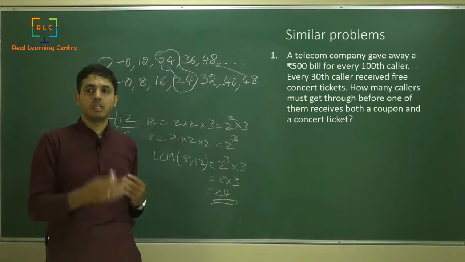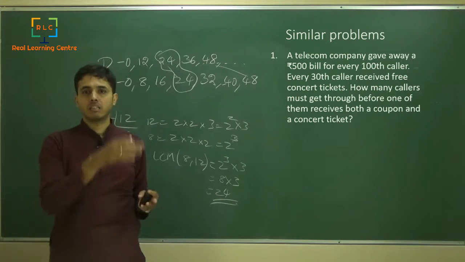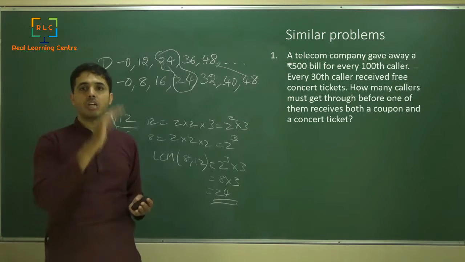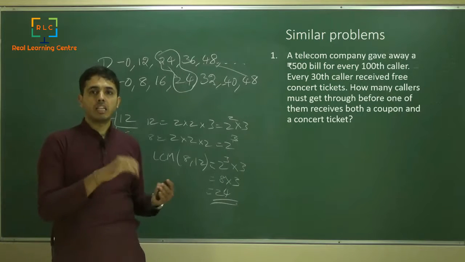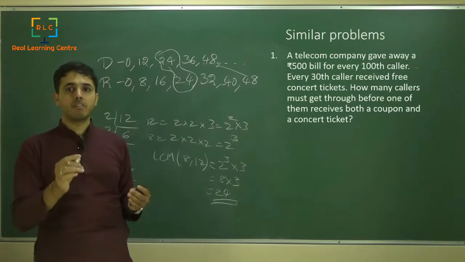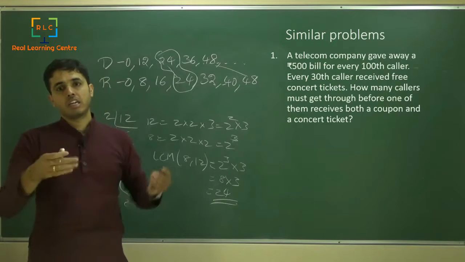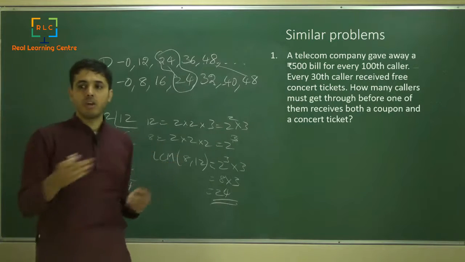People start calling, first caller, second caller, then the 30th caller gets a movie ticket, then again 31st, then 50, and the 60th caller will get a movie ticket again, 61st, and 70, 80, the 90th caller again gets a movie ticket, and then the 99th, the 100th caller gets a gift coupon of 500 rupees, and then the 101st caller, then the 120th caller will again get a movie ticket. So like this it goes on.